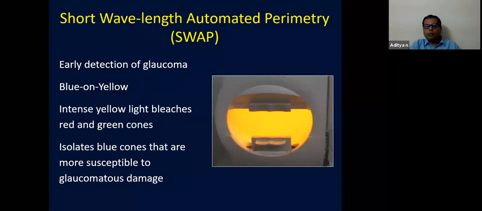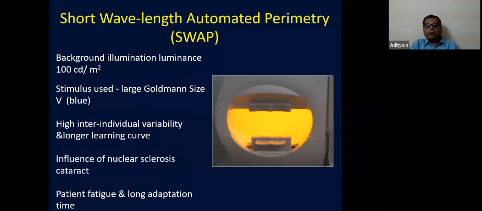These are more susceptible to glaucoma damage. Here the lighting is 100 candela per meter square, and the stimulus used is a large Goldmann size 5. The standard Goldmann perimeter uses size 3, but here the large size 5 is used.